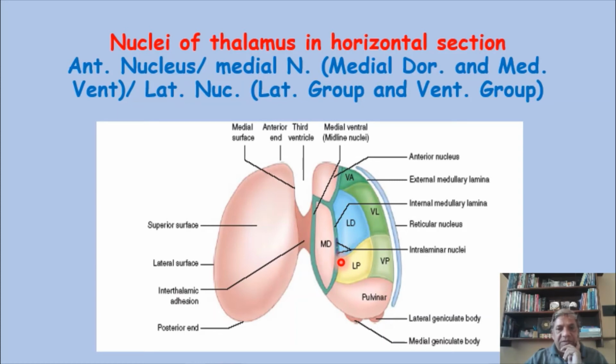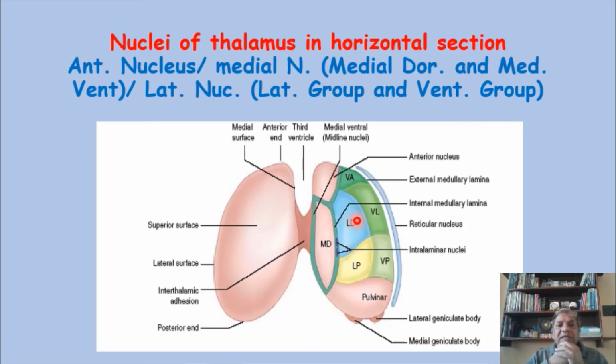We are seeing it from the superior aspect, and a horizontal section is cut, so that this is the Y-shaped internal medullary lamina. This is the anterior part of the gray matter, this is the medial part, and this is the lateral part. This is called the anterior nucleus, this is the medial nucleus, and this is the lateral nucleus. So three nuclei are there: anterior, medial and lateral.